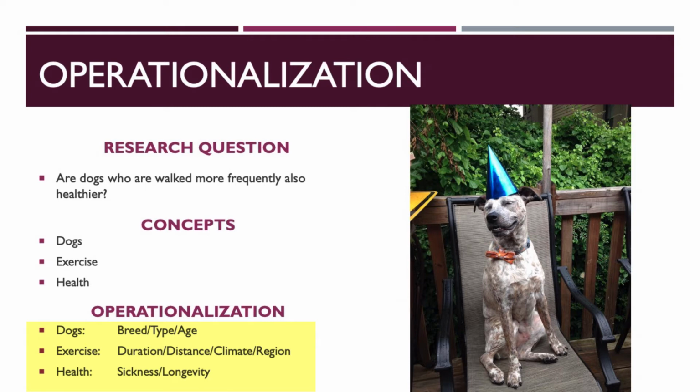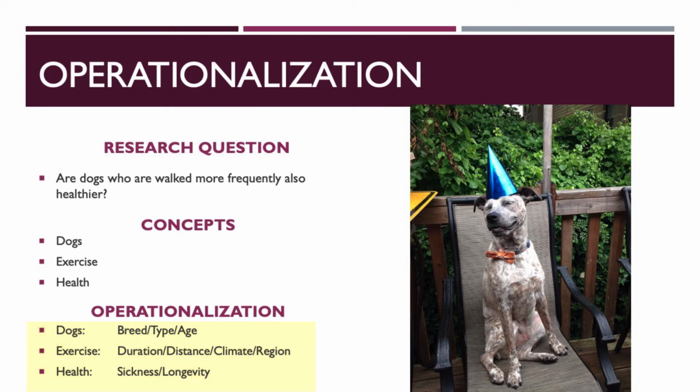What do we mean by exercise? Does that mean that there's a specific duration of exercise, an hour, 2 hours a day? Distance, does that matter? Does the climate or region need to be taken into account? And then finally, what do we mean by health? Are they more likely to get sick? Are they more likely to live longer?